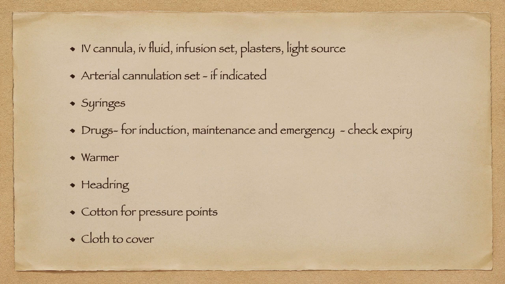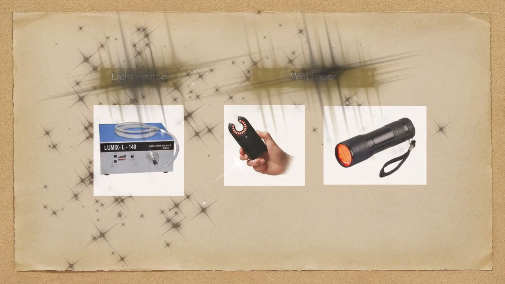Other things to be kept inside the OT are IV cannula, IV fluid, infusion set, plaster, light source, arterial cannulation set if indicated, syringes, and drugs for induction, maintenance and emergency. Check expiry, warmer, head ring, cotton for pressure points, cloth to cover the child.